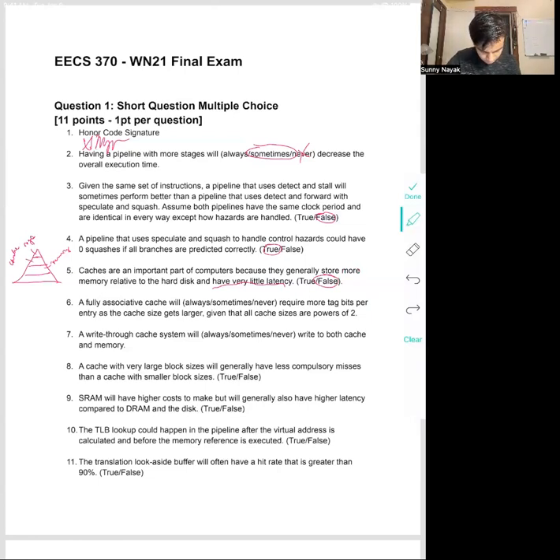So number 6 says a fully associative cache will always, sometimes, or never require more tag bits per entry as the cache size gets larger, given that all cache sizes are powers of 2. Okay, let's think about what's stored in a fully associative cache, right?